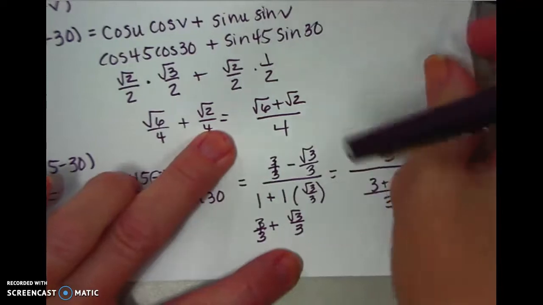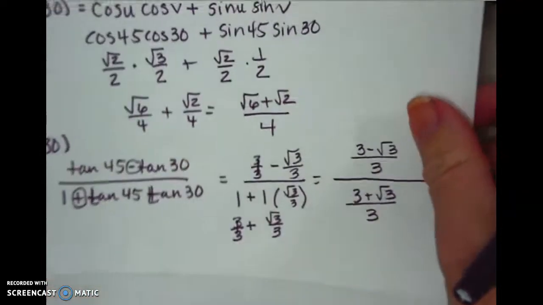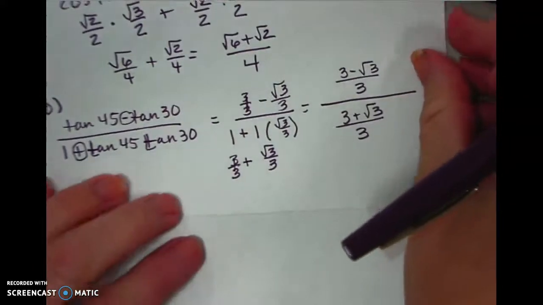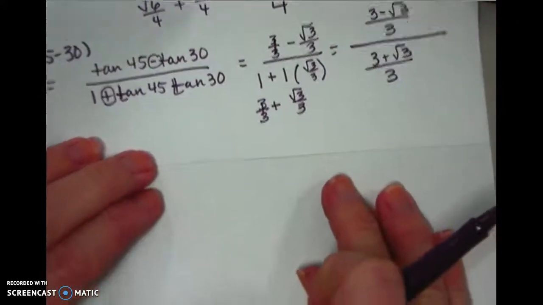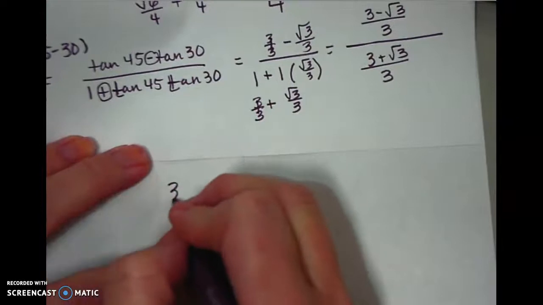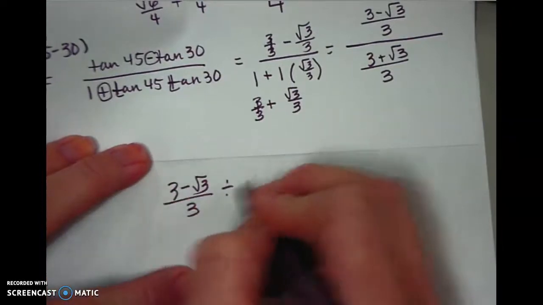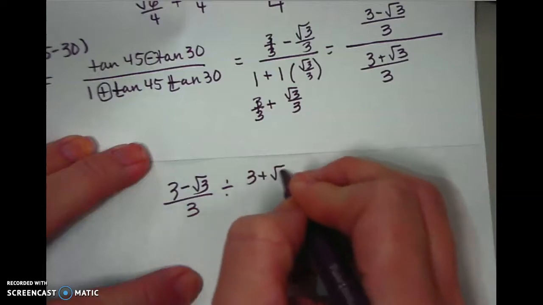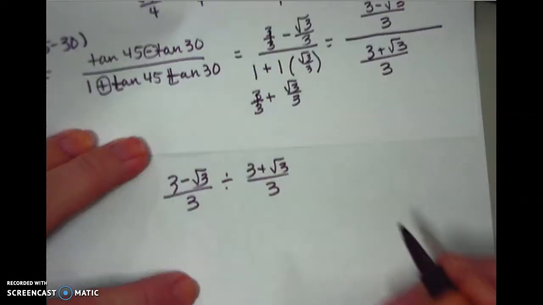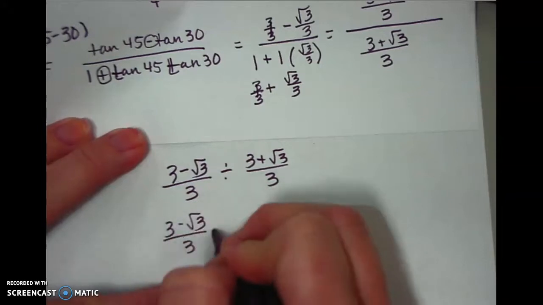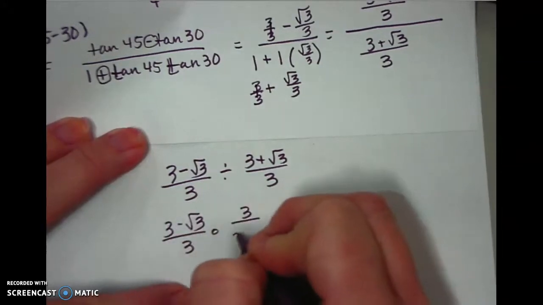Now, if this is getting pretty complicated for you, again, what can we do when we have fractions within a fraction? We can take the top fraction, divide it by the bottom fraction, and then we know that division is the same as multiplying by the reciprocal.